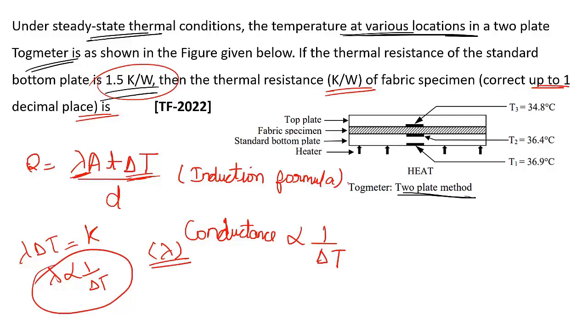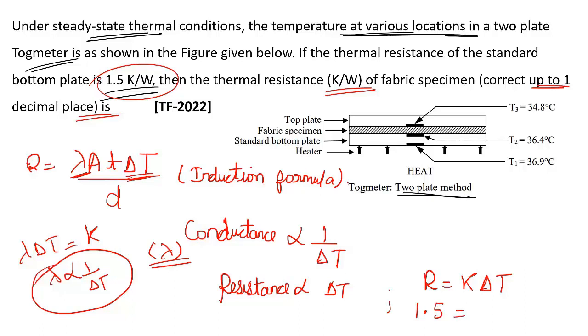If the relation between conductance and temperature is inversely proportional, then resistance is directly proportional to delta T, since conductance and resistance are inversely related. So we can write R is equal to K into delta T. R is 1.5, and K we have to find.